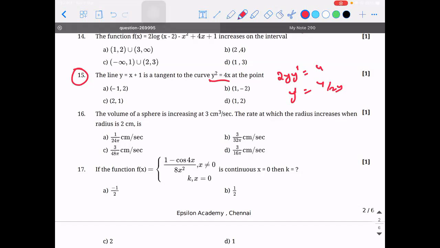So you got y by 2 is 1. Two by y is 1. Okay, you got y is equal to 2, correct. Then you will get x is equal to 1.